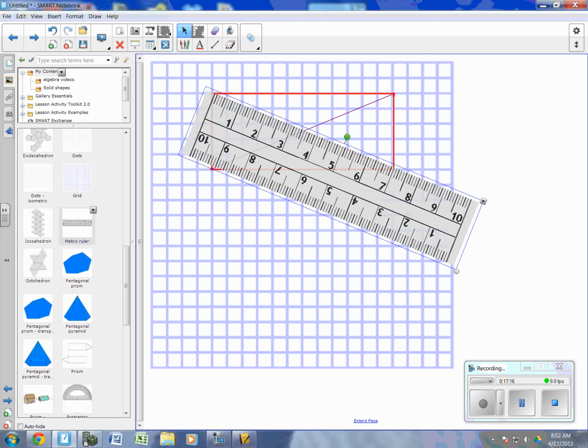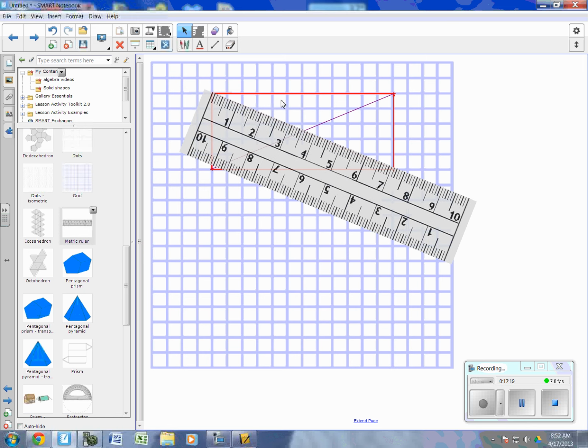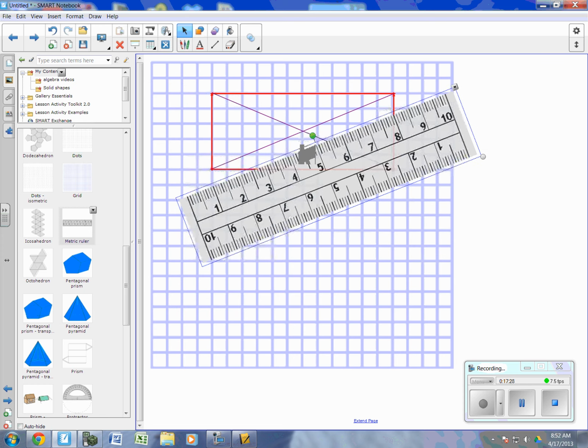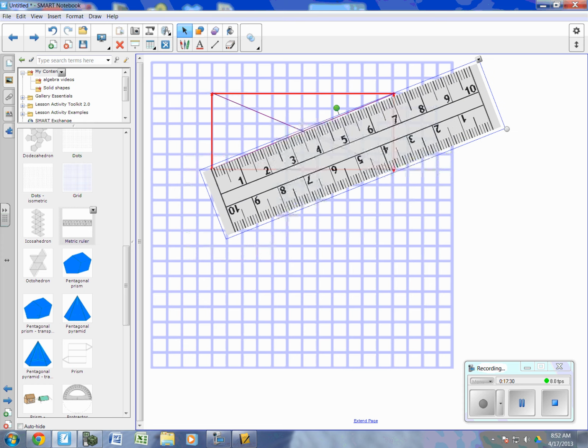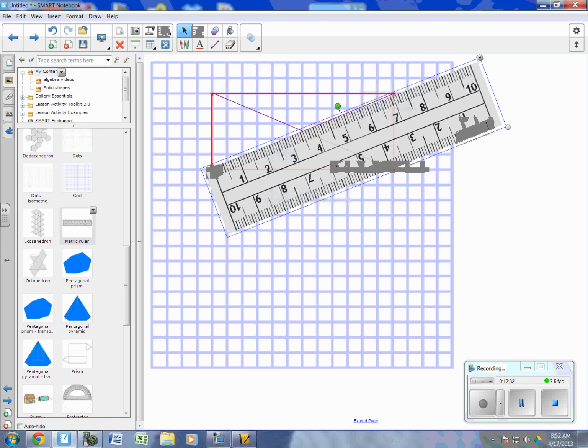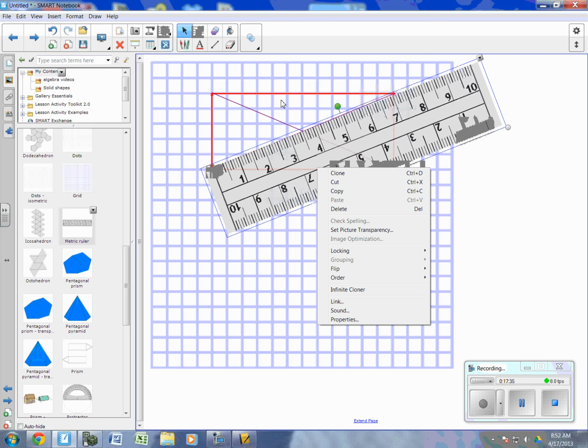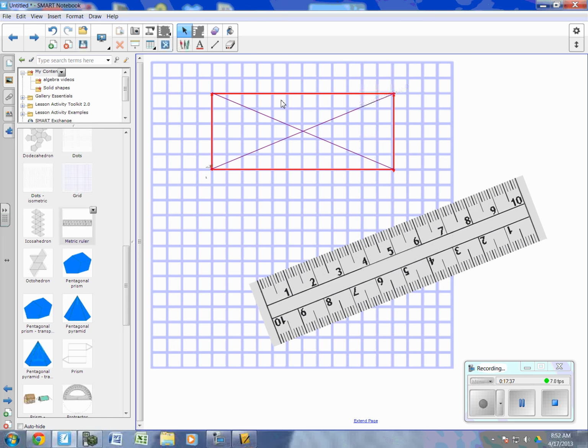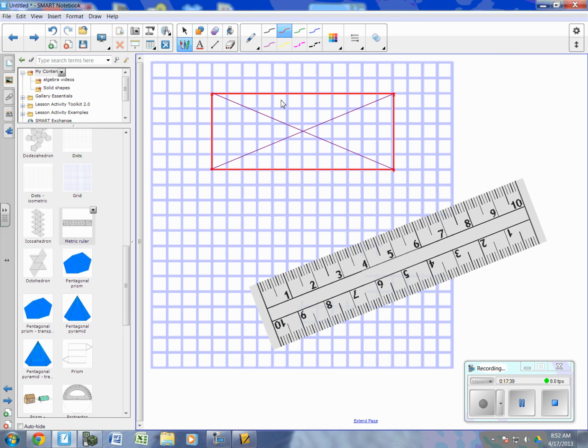Because I needed to show you the other properties. My two diagonals are both... okay. What did you find out about your two diagonals on your rectangle?